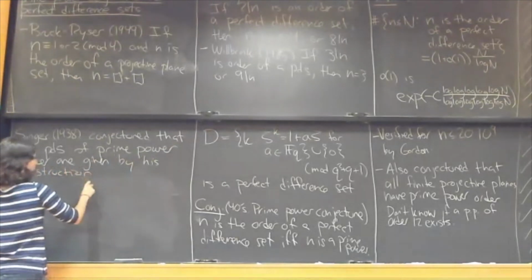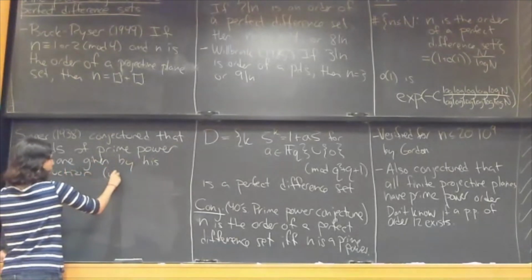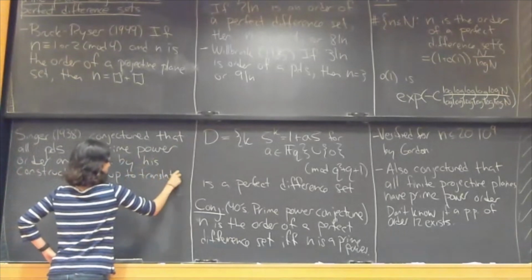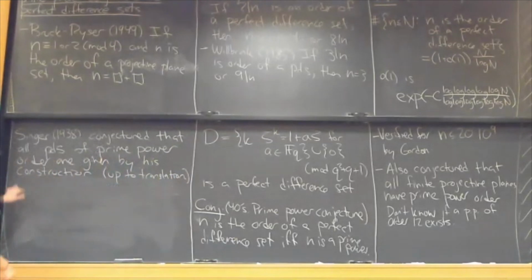Then I'll add maybe up to translation just to be safe. So if you combine this with the prime power conjecture, then you get a complete classification of all perfect difference sets.